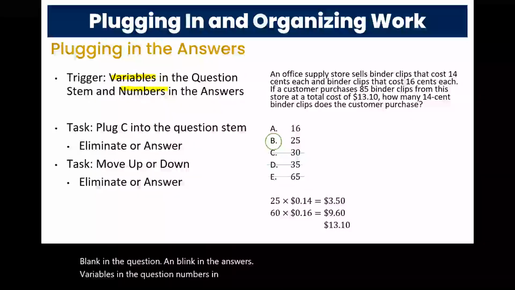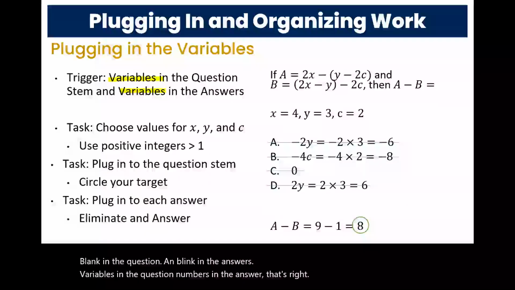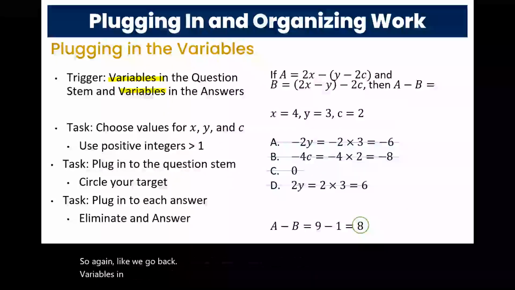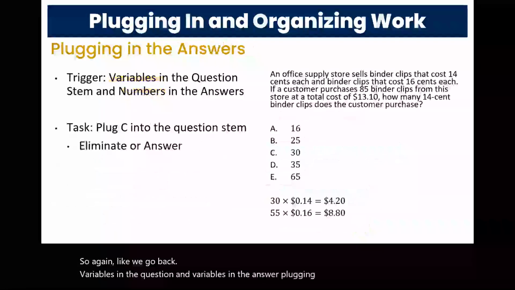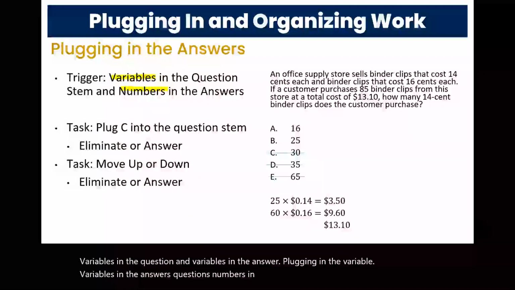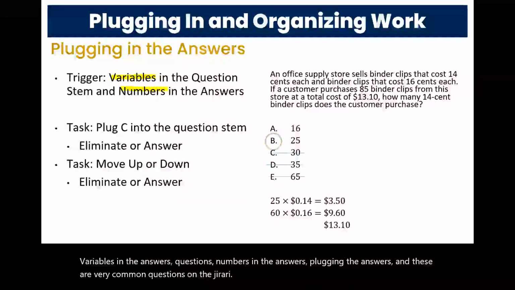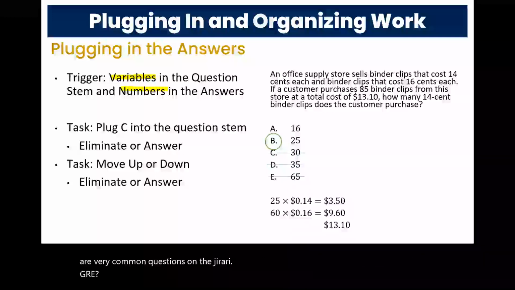That's right. So again, variables in the question, variables in the answers, plug in the variable. Variables in the question, numbers in the answers, plug in the answers. And these are very common questions on the GRE. Hey, you can do it.